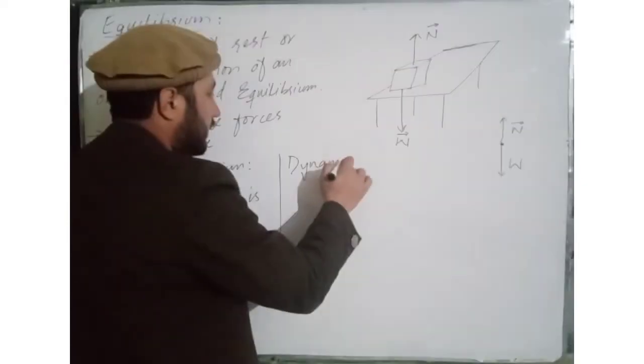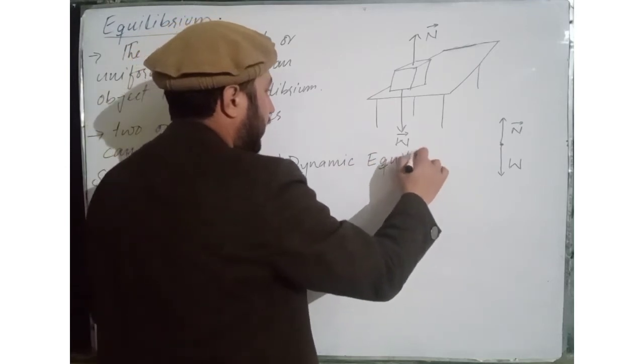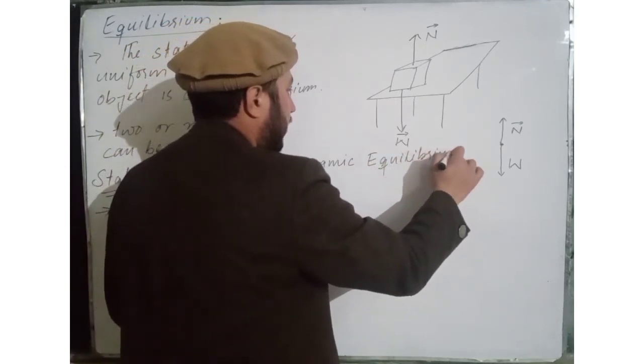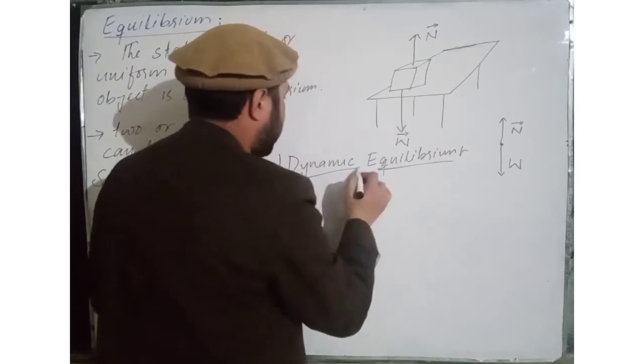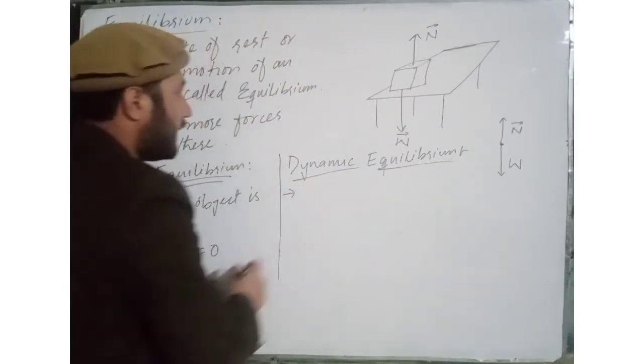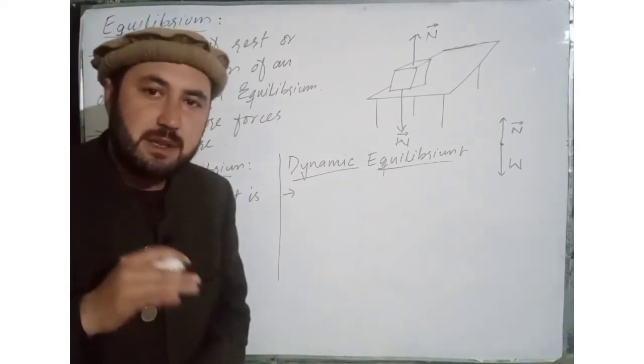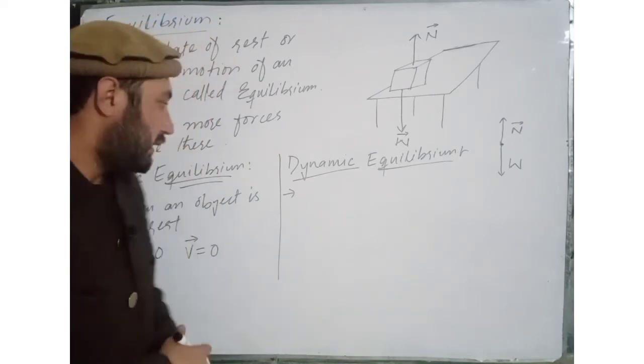Okay, the next type we are having is dynamic equilibrium. Dynamic means moving, right? So it is such an equilibrium where the object will be moving with constant velocity.